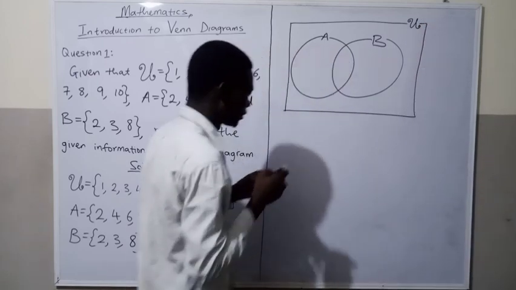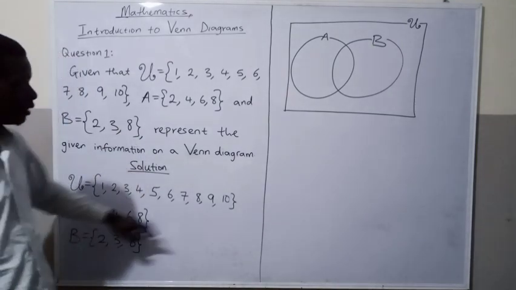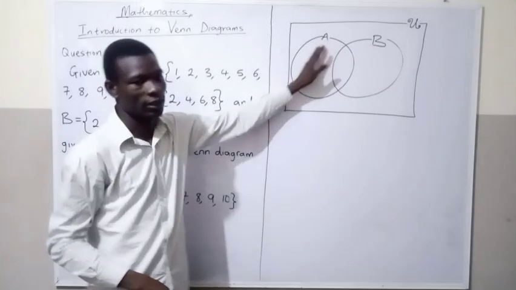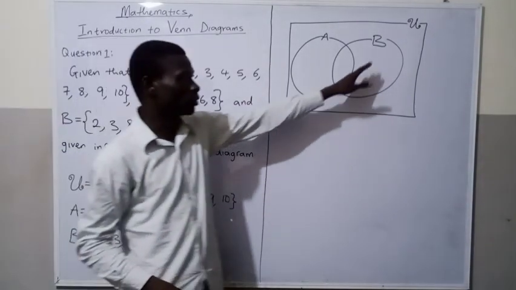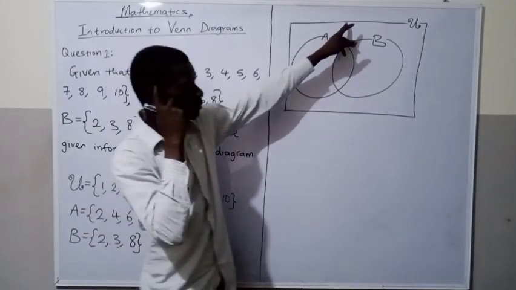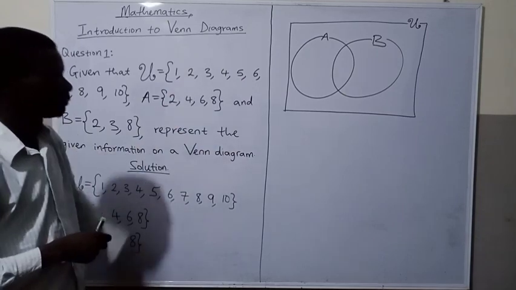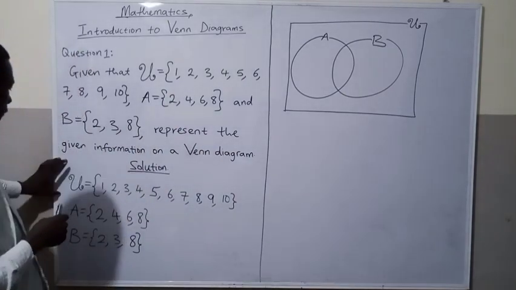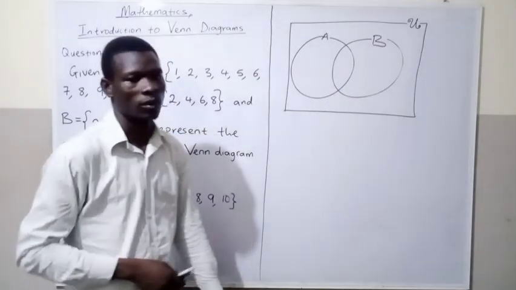That tells us that every member of set A, 2, 4, 6, and 8, is supposed to go into the circle for set A. Every member of set B, 2, 3, and 8, is supposed to go into the circle of B. Now this rectangular shape represents the universal set. It means that everything in the universal set must be contained in this rectangular shape.